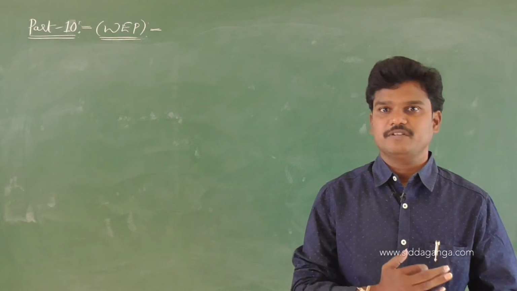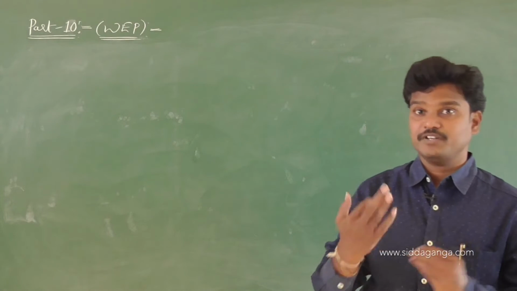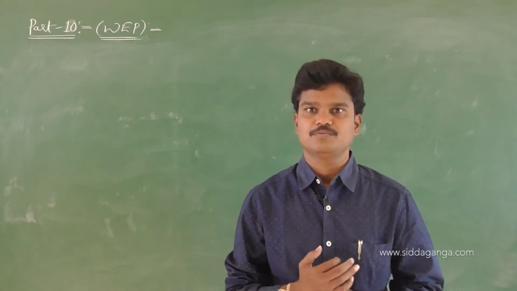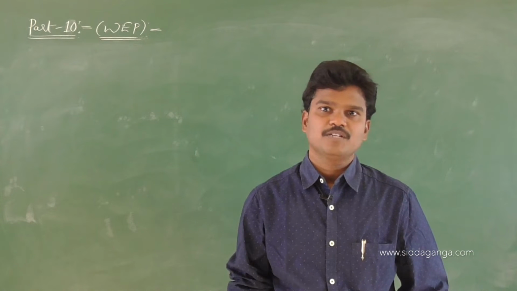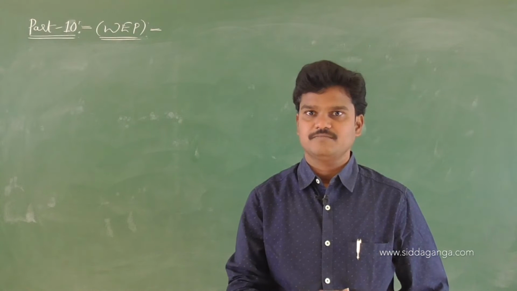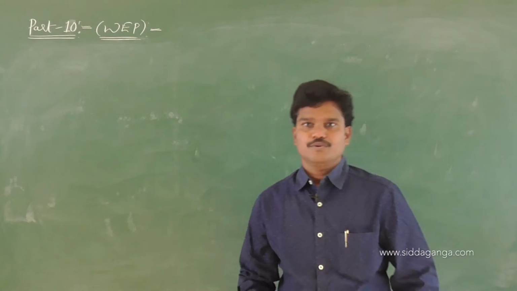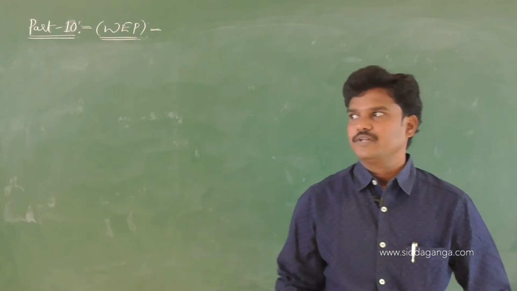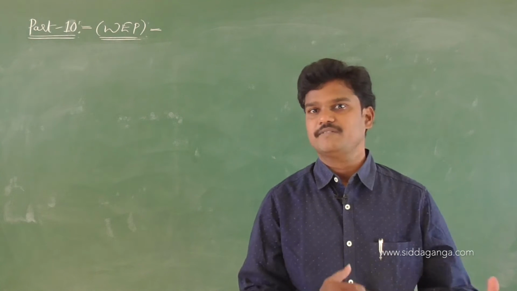I hope you remember the V1 V2 equations. Of course derivation is also very simple. So V1 is (m1 minus m2) by (m1 plus m2) into u1 plus 2m2 u2 by (m1 plus m2), and V2 is quite opposite, (m2 minus m1) by (m1 plus m2) into u2 plus 2m1 u1 by (m1 plus m2). Okay, just check the previous equations.